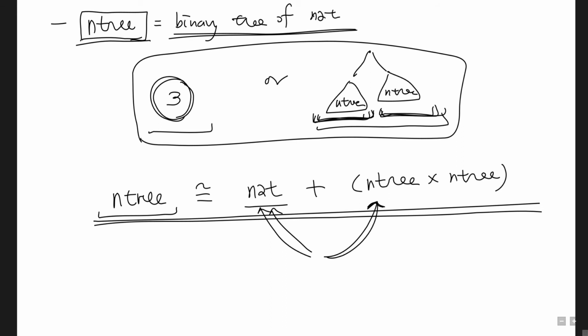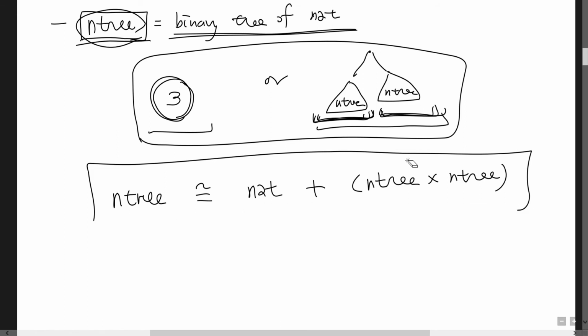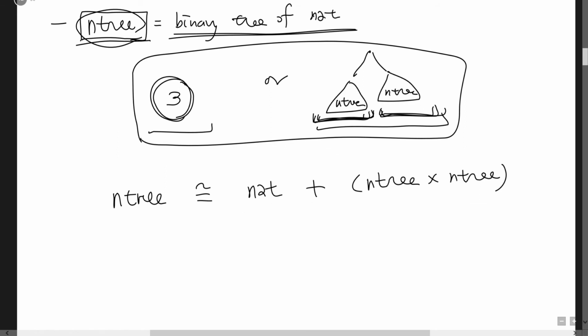So informally, we may assume that the recursive type net3 satisfies this equation. Now, the question is, how do we interpret this symbol, equality or congruence?